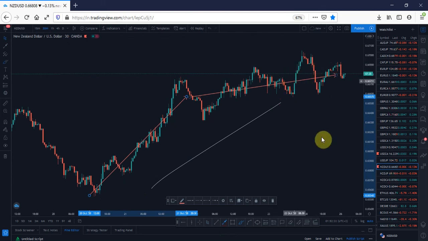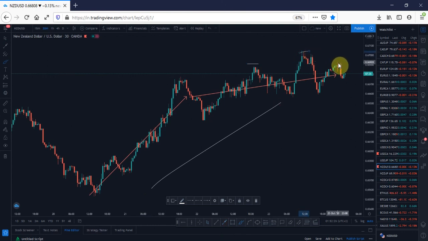If you look at the market structure, we have a high, and then another high, and this high is now a lower high. Yet this was a higher high, and this was also a higher high. So if you have higher highs and then all of a sudden a lower high, it is a sign that the buyers are now facing a struggle.